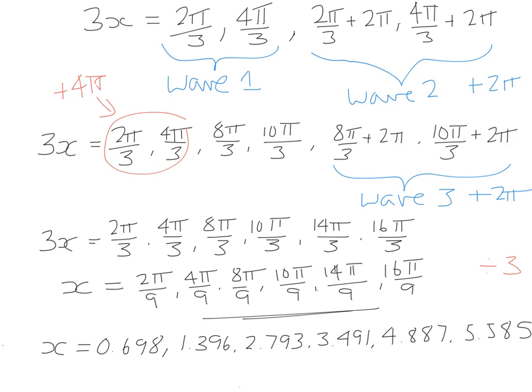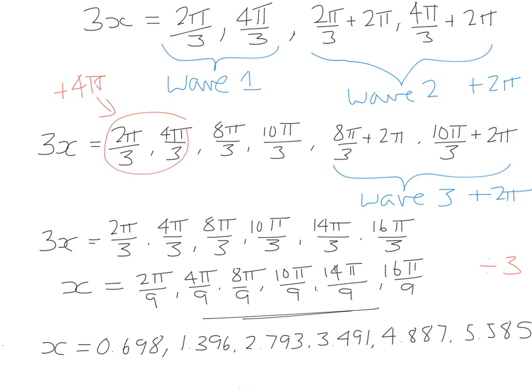Now, remembering back to a couple of videos ago, we talked about pi being equal to 3.14. So if you wanted our domain to be between 0 and 2 pi, then 2 pi must be equal to 6.28.